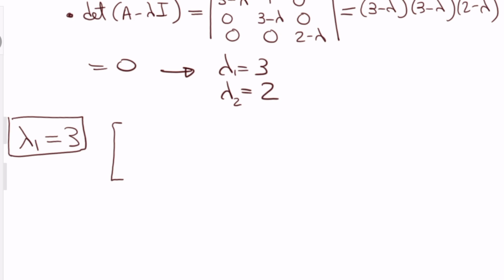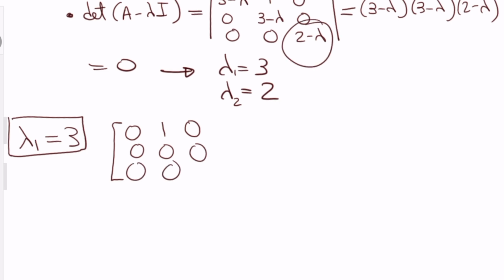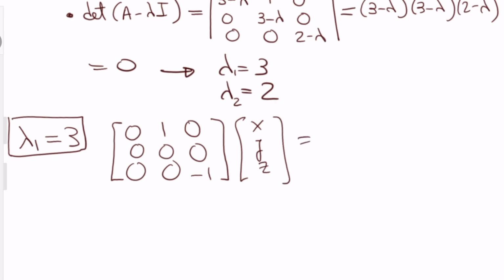So this is going to be 3 minus 3, which is 0, 1, 0. And so 0, 3 minus 3, which is 0, 0. And then 0, 0, and 2 minus 3, which is minus 1. So this is the matrix that we have to multiply by the vector, equal to 0.